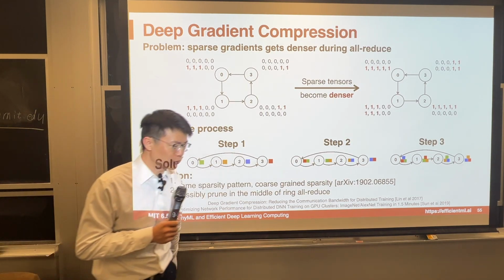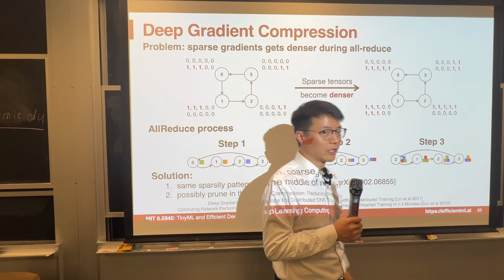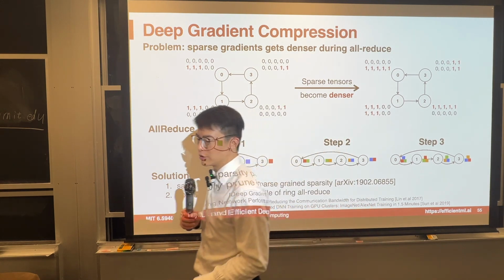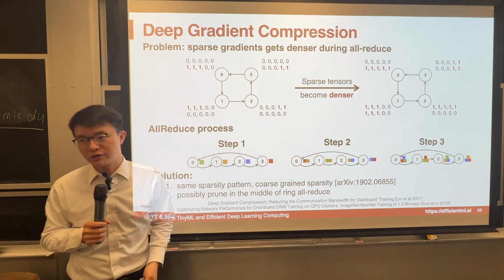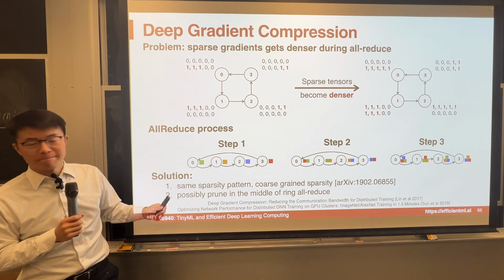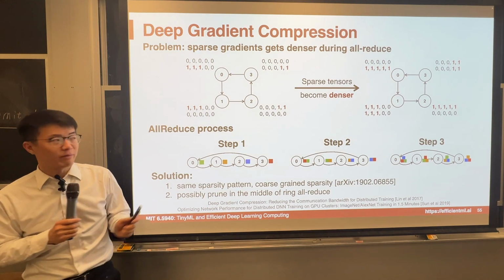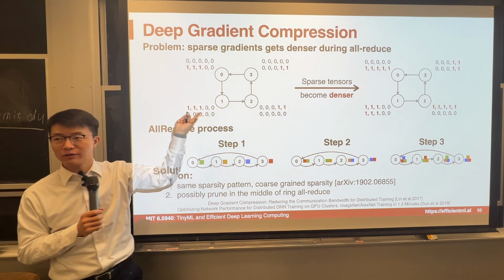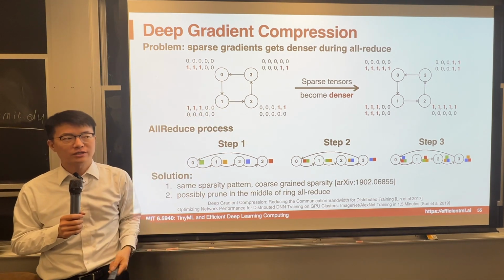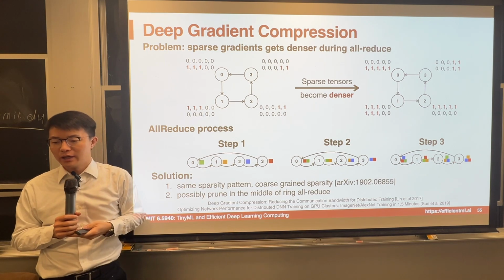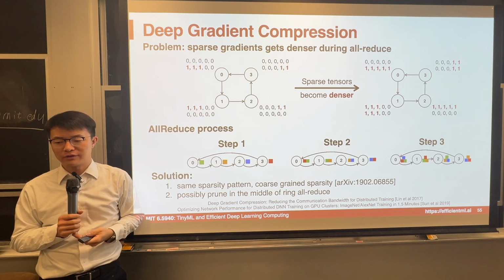But what is the potential problem when we are doing the all-reduce process for sparse gradients? Remember, we have multiple GPUs. We want to communicate such that everyone has every other's copy of the gradient.